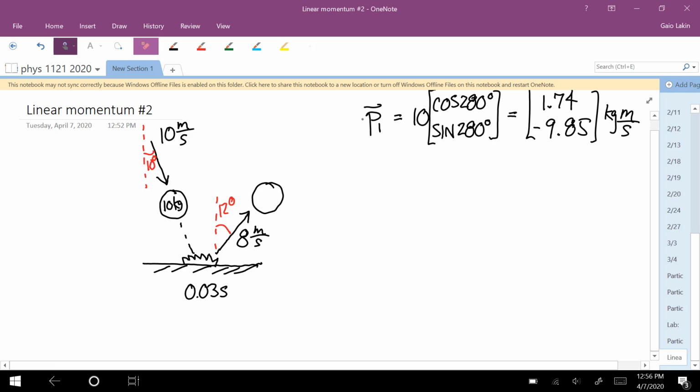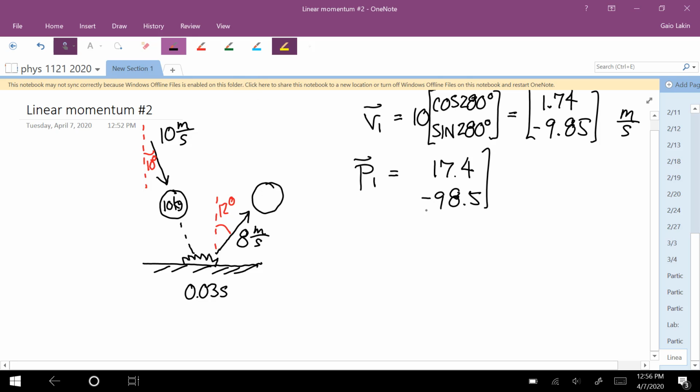Sorry, this is the velocity. The speed is 10 meters per second, and that's the direction. Now multiply that by the mass of 10 kilograms, and you get P1 is equal to positive 17.4, negative 98.5 kilogram meters per second.